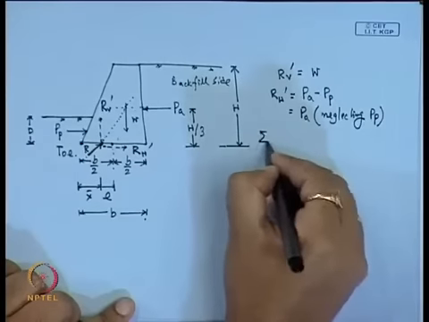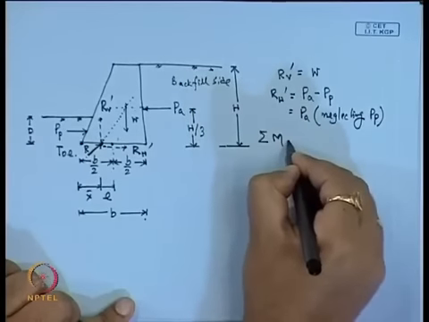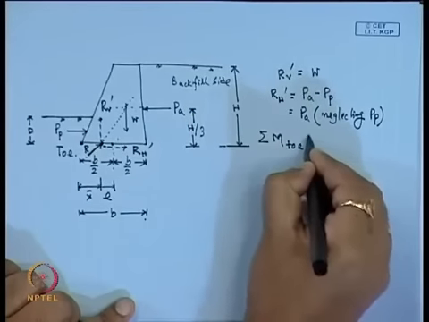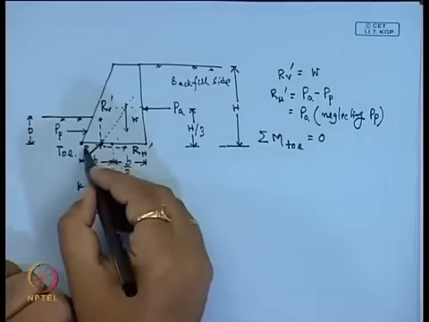Now, another condition: we have to take moment with respect to the toe, and that moment should be 0 for the equilibrium condition.